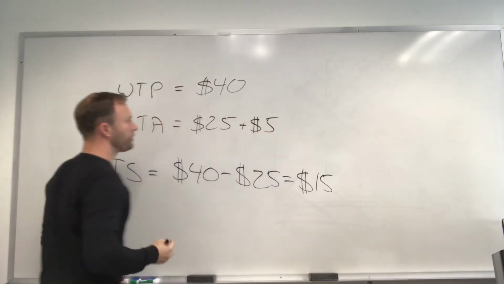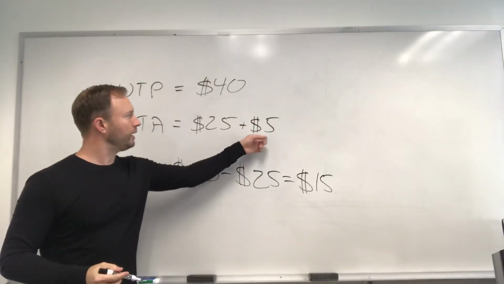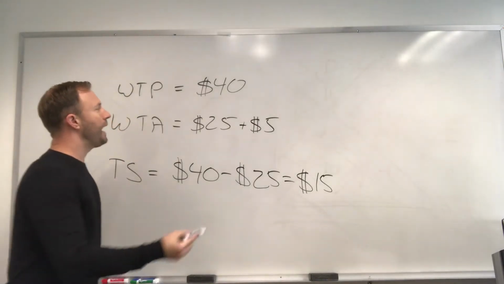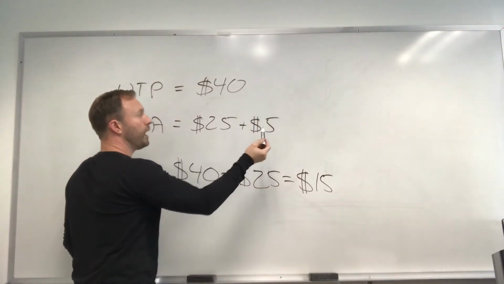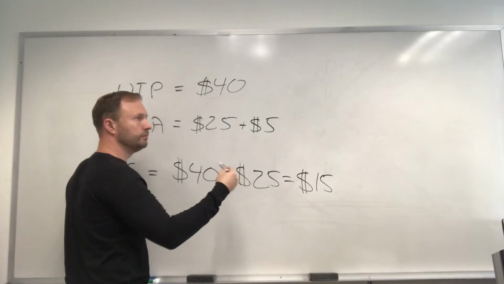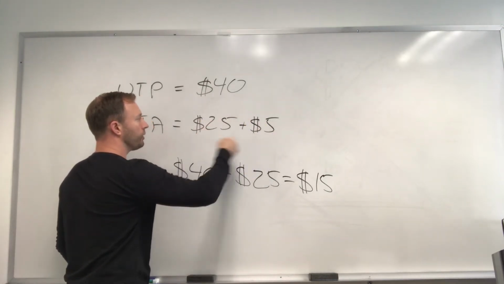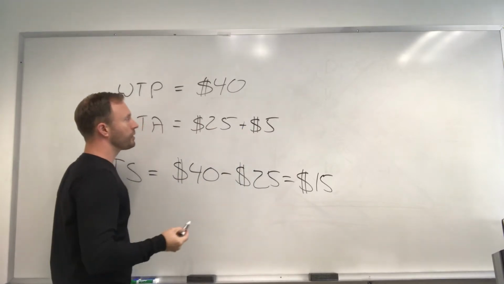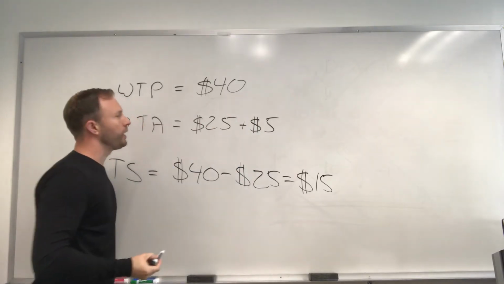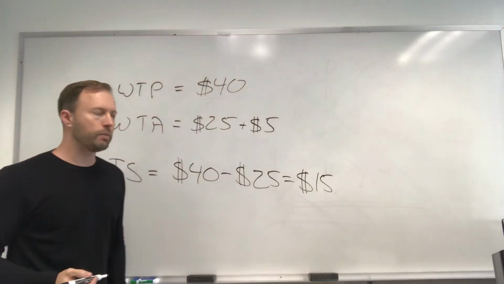I'm going to write that plus 5 off to the side just so that we recognize that as a tax. Now the new price range that would guarantee a transaction would be anything between $30, that's the lowest price that Juan would now accept, and $40, the highest price that Maria would be willing to pay.